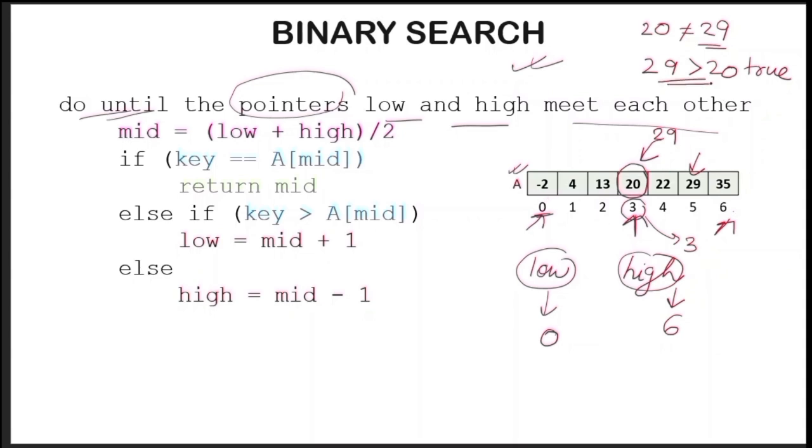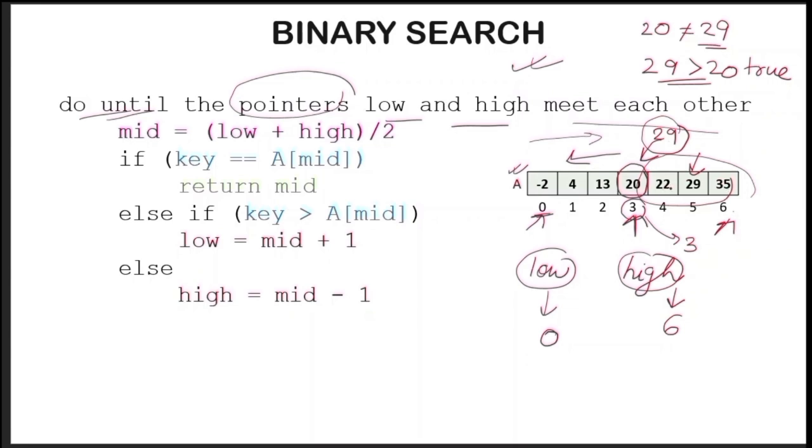Since our array is sorted and 29 is greater than 20, obviously 29 will not be found in the left part of the array. It will always be found in the right part because 29 is greater than 20 and this array is sorted in ascending order.